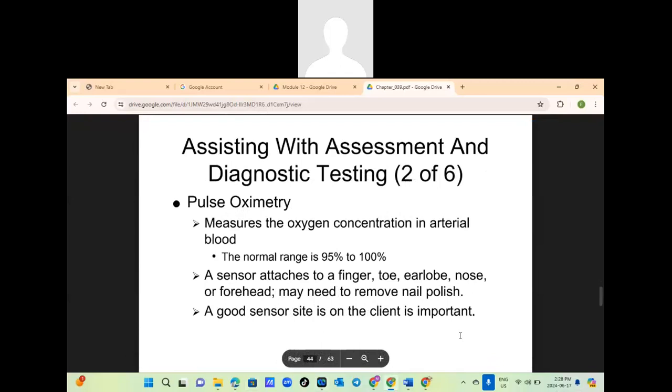Pulse oximetry, or pulse oximeter, is a device used to measure the oxygen concentration in the arterial blood, as well as pulse rate. This is the amount of hemoglobin that contains oxygen. Our normal O2 sat, or oxygen concentration in the arterial blood, is 95 to 100%.